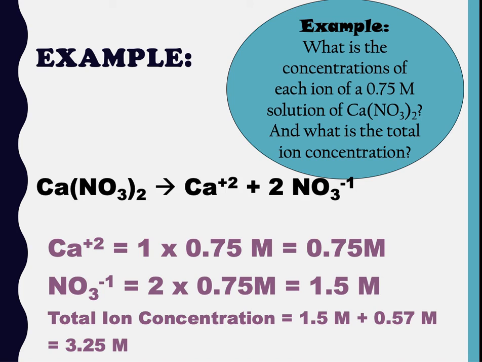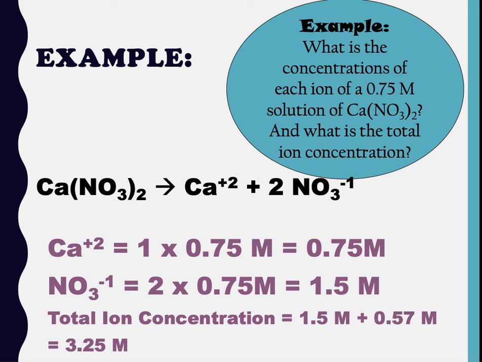For the calcium, I only have 1 ion. So I'm going to do 1 times my original concentration of 0.75, and I get a concentration of calcium ions that is the same. I put in a mole of calcium nitrate, I get a mole of calcium ions. It's a 1-to-1 ratio.